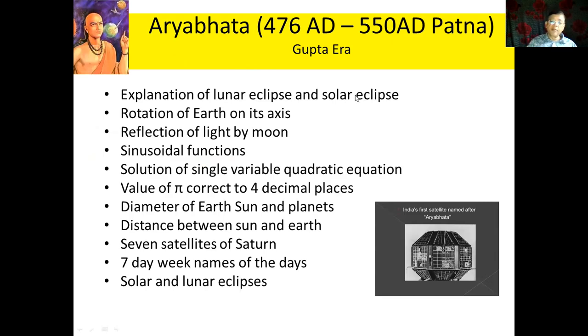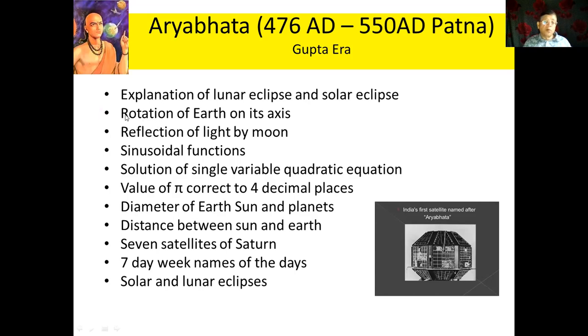The solar eclipse is actually Moon coming in between Sun and Earth. At that time, there was no such concept, but they had a concept, as I told you, in Rig Veda itself, that planets move around the sun, and then moon rotates around the earth.